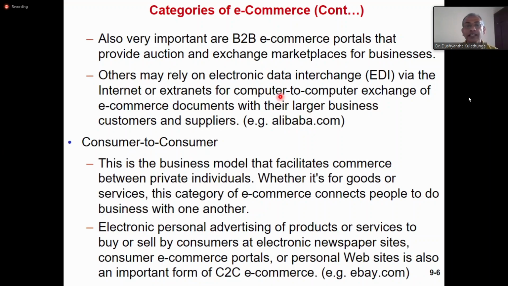Earlier, they had to use other telecommunication networks to communicate, but today the internet connects the two organizations, facilitating the exchange of information and documents between them. That also, I think you have to remember.